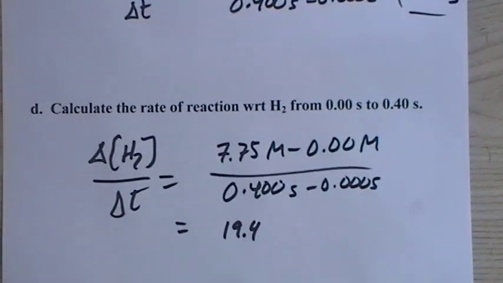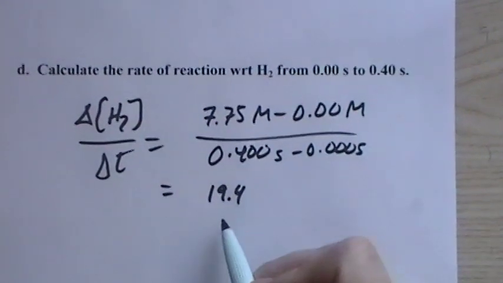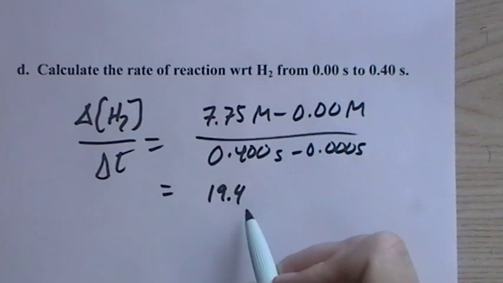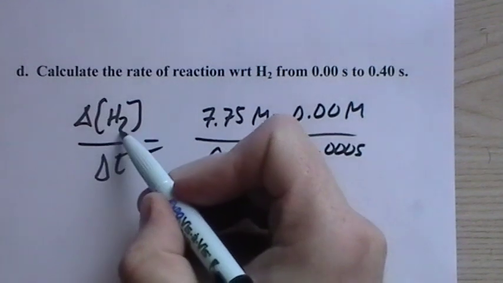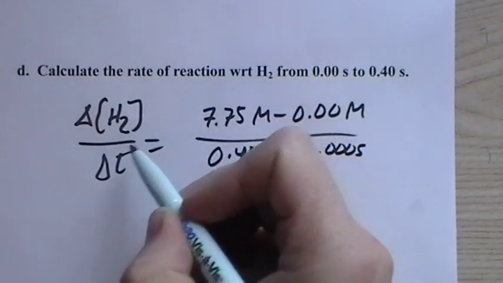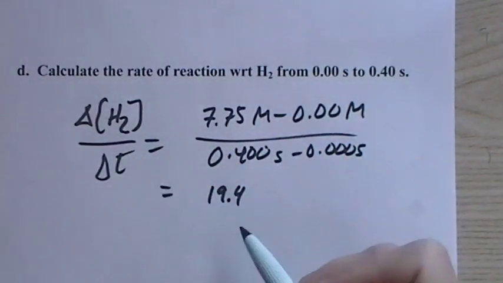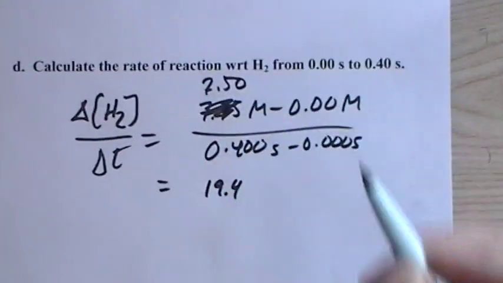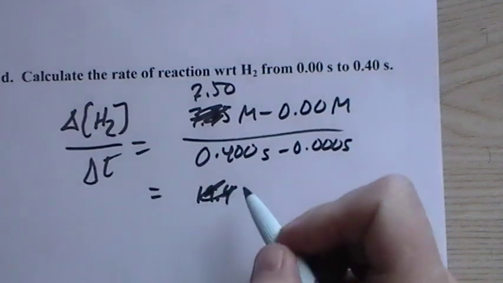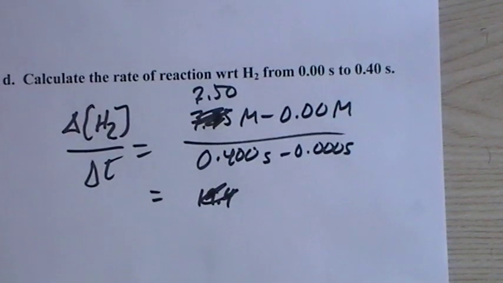Now, again, this should have been 18.8 molars per second, because this is 2 to 2 or 1 to 1 with fluorine. It should have the same number, only it should be positive. Well, that's because this is 7.5. Let's see if that matches up now. 7.5 divided by 0.4.